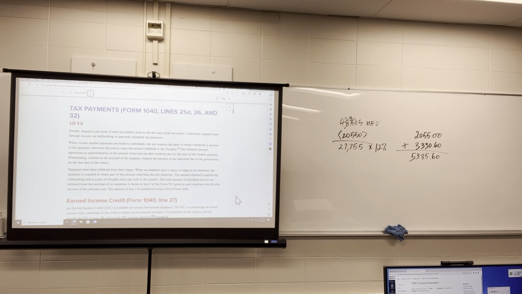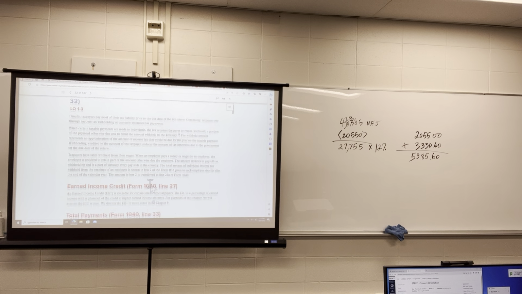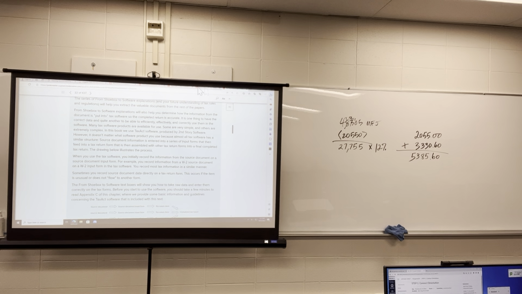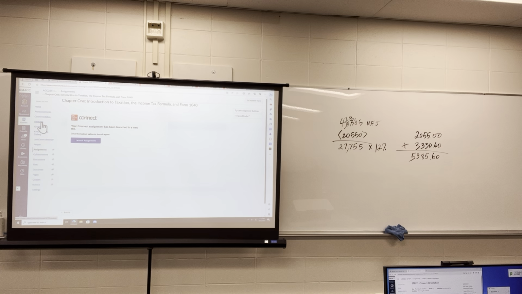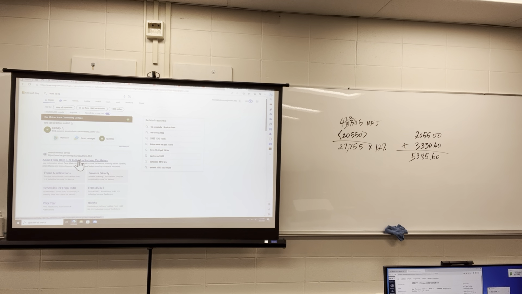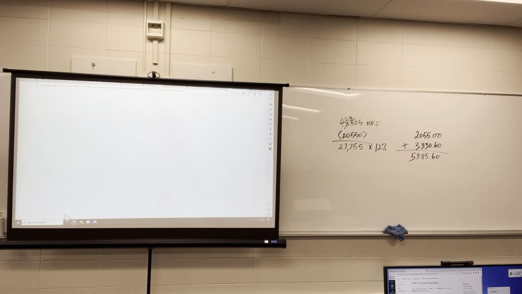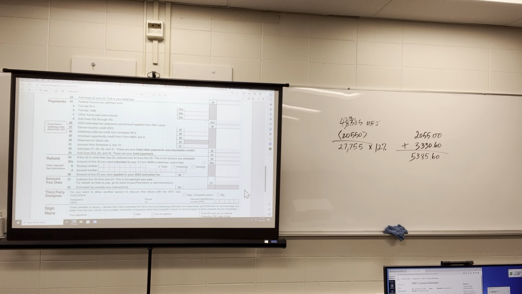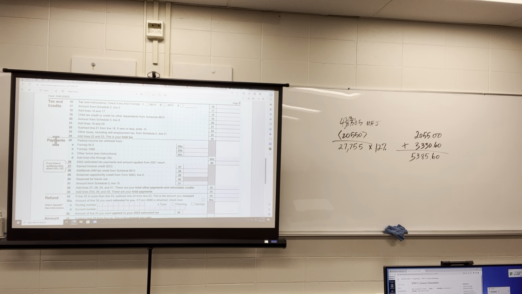Alright. So let's talk a little bit about tax payments as well. Remember on the form, so recall on the form, we have a section for payments, but within that section, there are some credits listed as well.